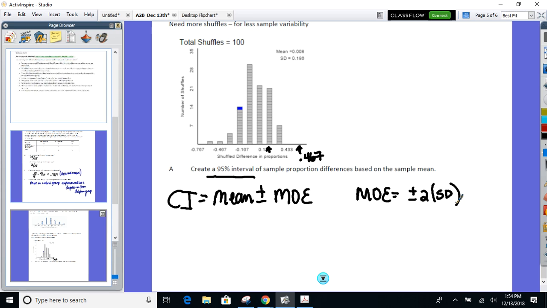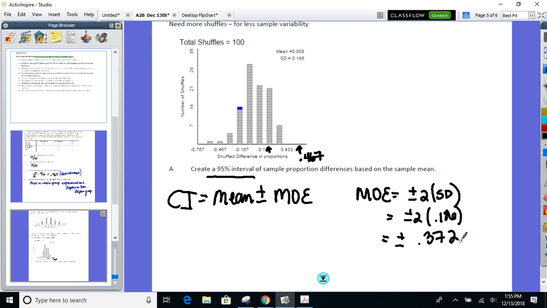So we do this after we do all these 100 simulations. Now using my simulation, what was the standard deviation? 0.186. Margin of error, go ahead in your calculator, plus or minus 0.372. All right.